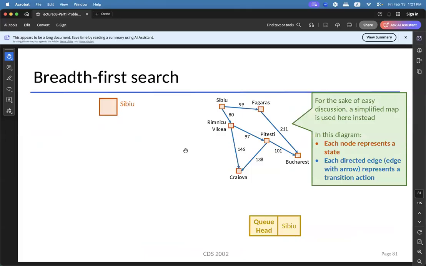The reason is that I want to make this diagram simpler. In order to do that, I made the transitions between cities one way instead of both ways, which is easier to discuss. But in fact, if it's both ways, you can still use the algorithm to handle it.